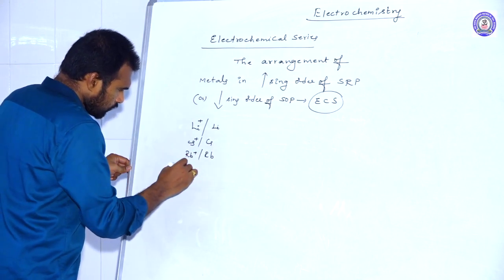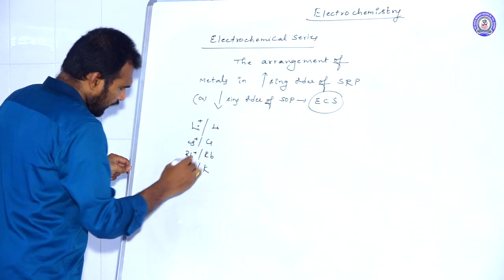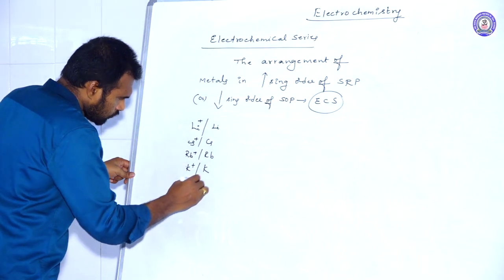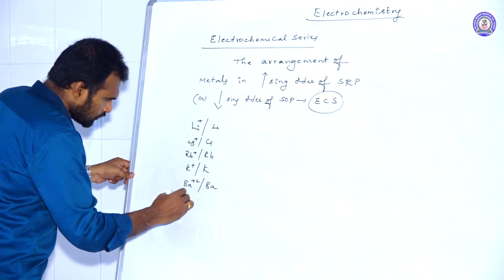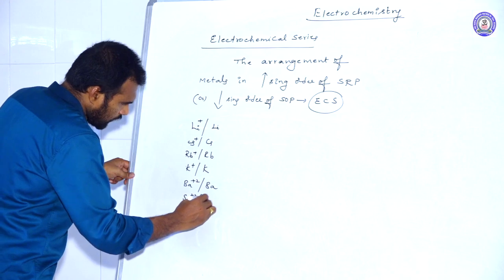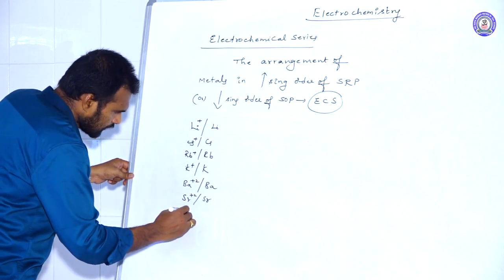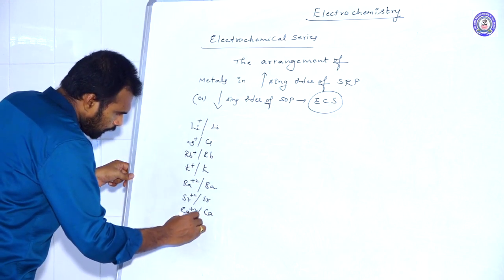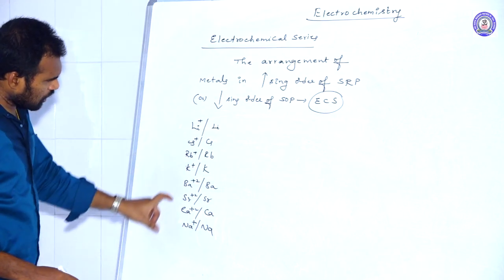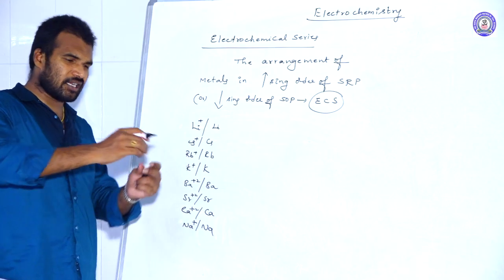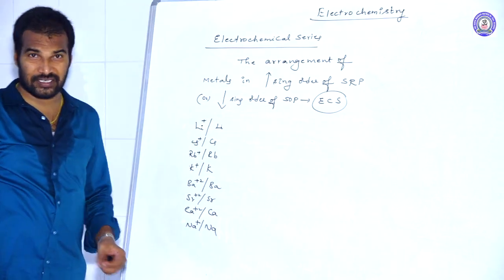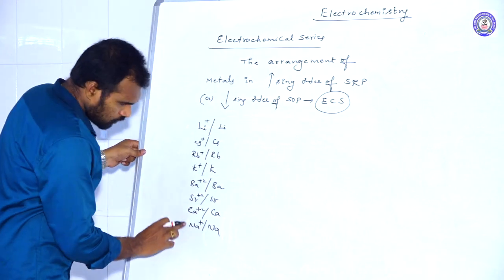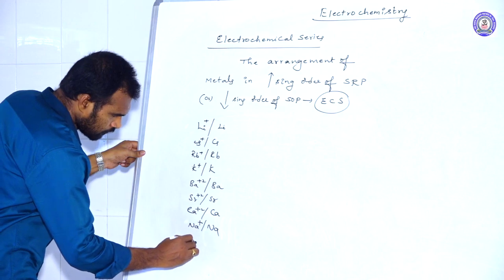Next, potassium plus to potassium, after that 2A group elements: barium 2 plus to barium, strontium 2 plus to strontium, Ca 2 plus to Ca, and then sodium plus to sodium. So all 1A and 2A group metal ions are placed at the top of this series. So check this. After 1A, potassium, calcium, sodium, magnesium.